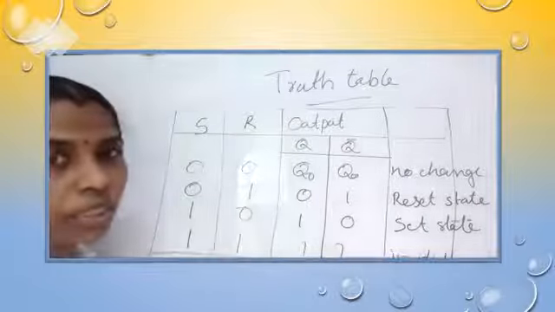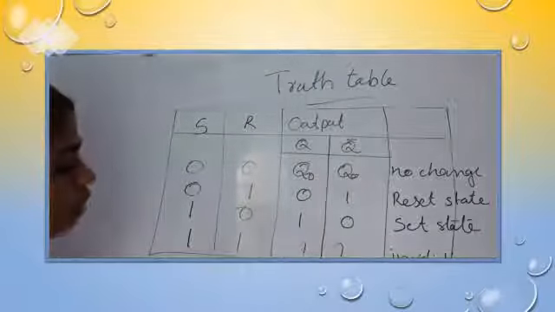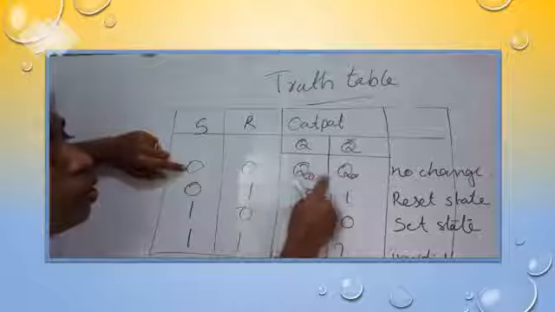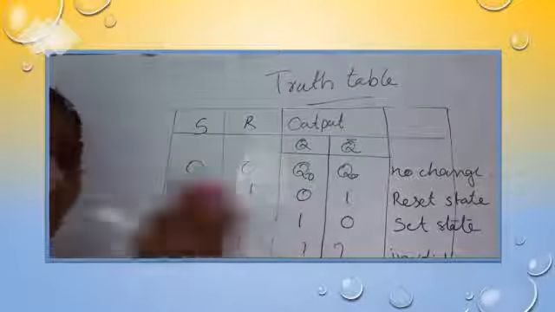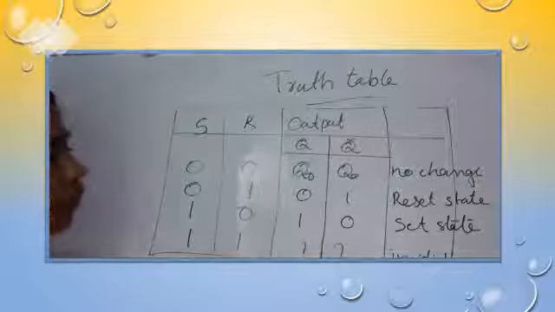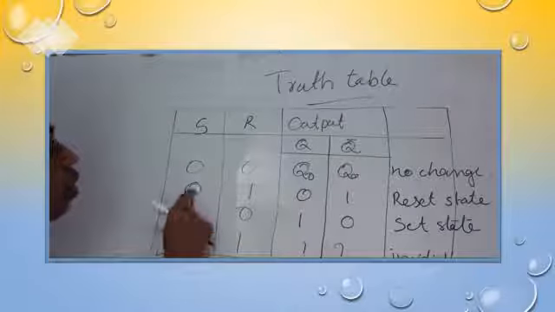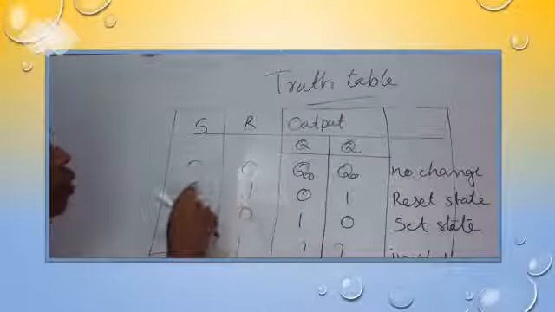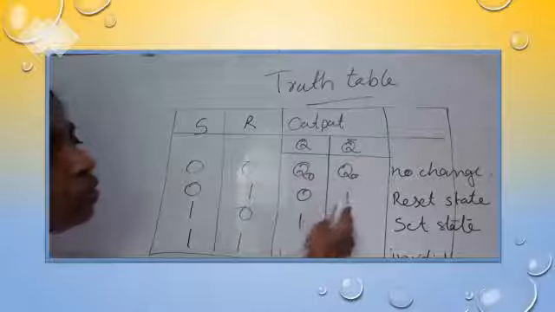This is the truth table of the SR flip-flop. From this, we can say that if the inputs are 0 and 0, what will be the output? It is Q0. That means its previous state or value will not change. Clear? If the inputs are 0 and 1, that means S equal to 0 and R equal to 1, what will be the output? Q is equal to 0 and Q dash equal to 1.